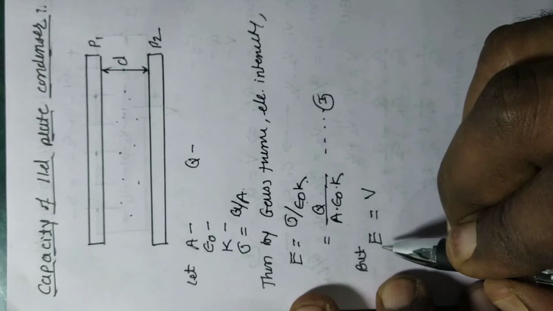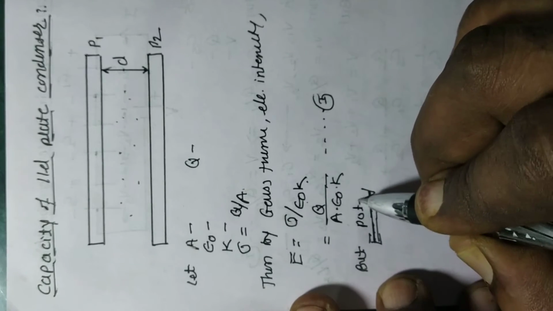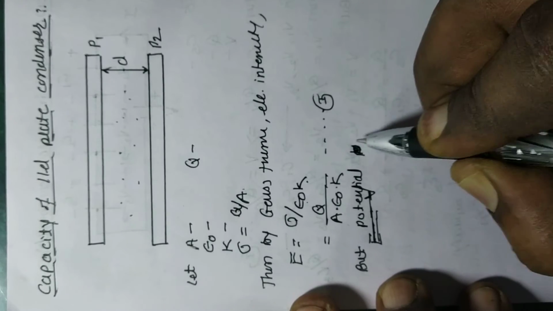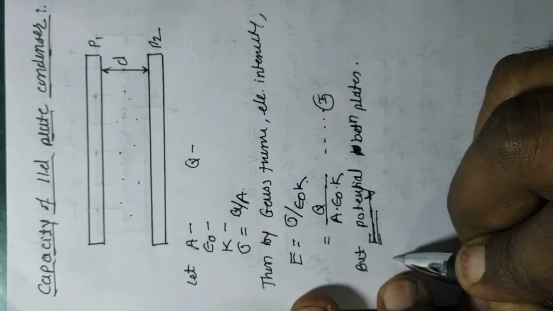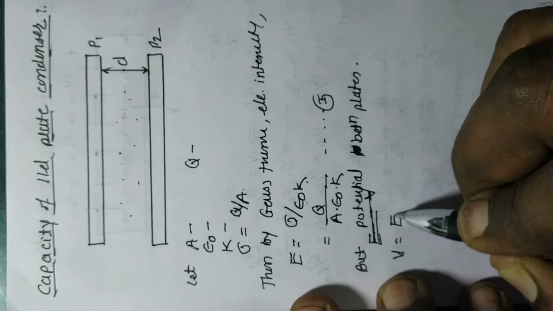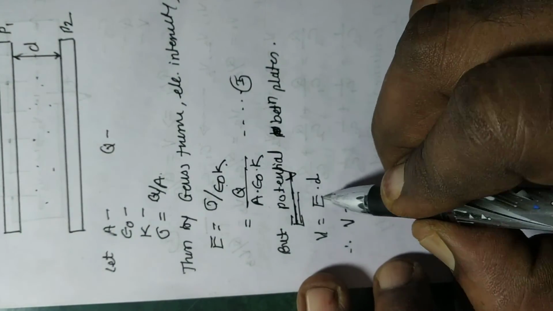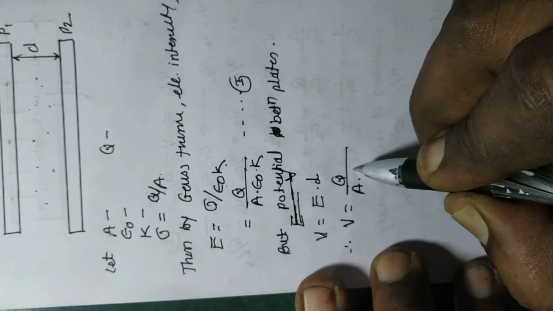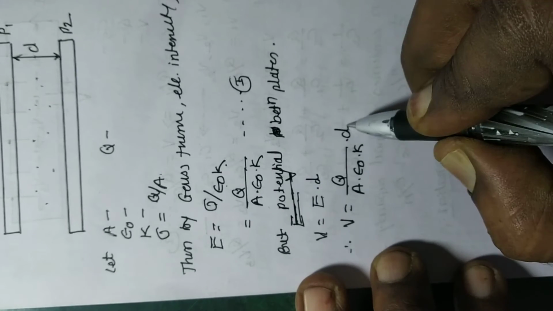Potential between plates, that is V, is equal to E into d, and therefore V is equal to intensity Q divided by A into epsilon naught K into d.